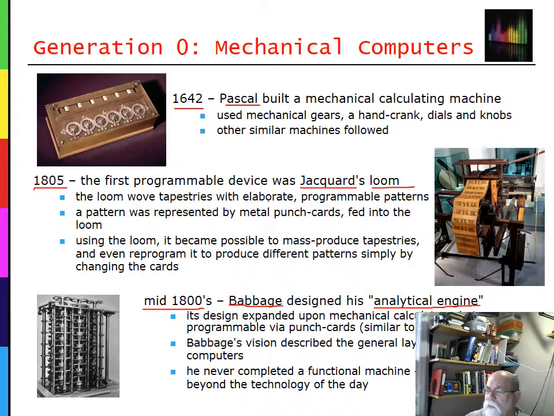It even went so far as it could be a general purpose computer. It's a general layout of the modern computer. You could even write programs for it, just like we do today.